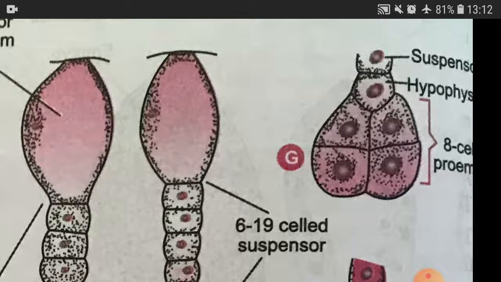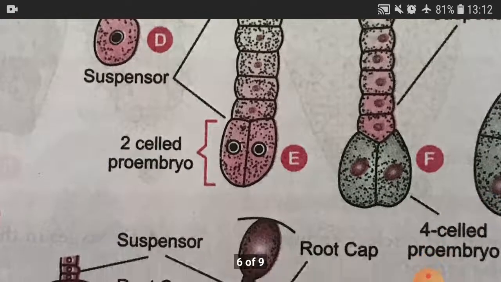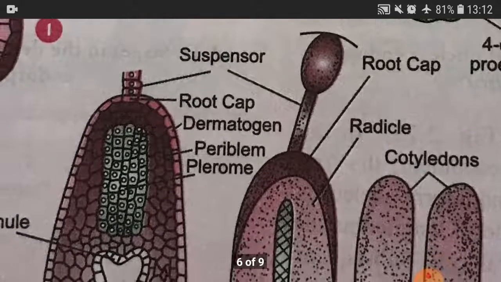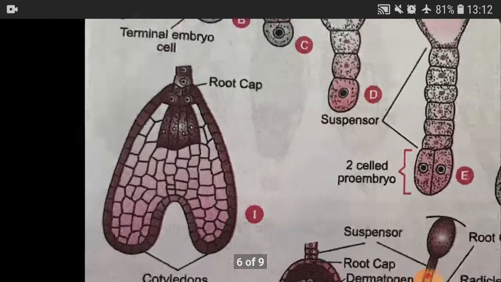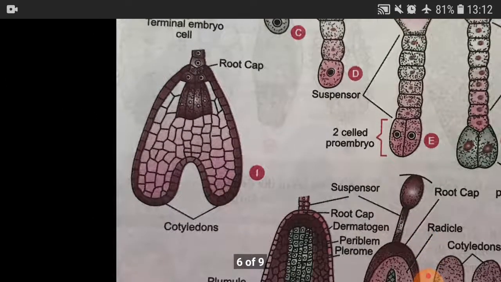The cells of the inner tier towards the embryo form the cortical initials of the radicle, that is the embryonic root. Here you can see. The cells of the middle and outer tier form the initials of root protoderm and the root cap. So all the cells derived from hypophysis give rise to the root apical meristem.